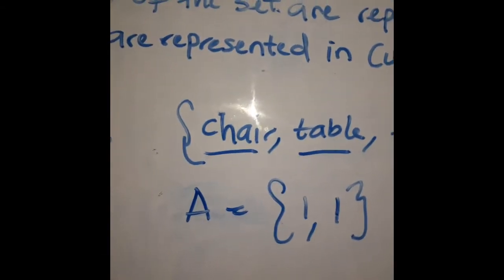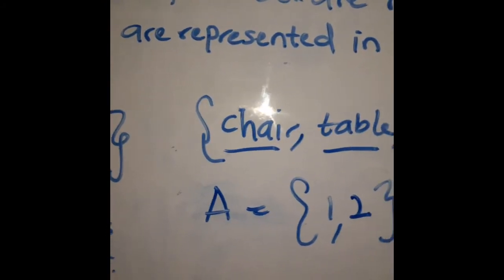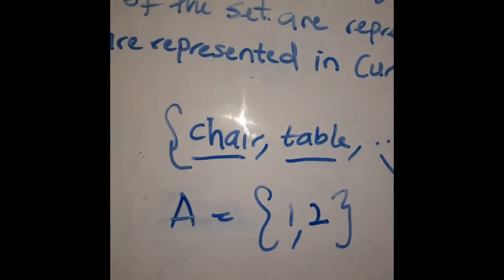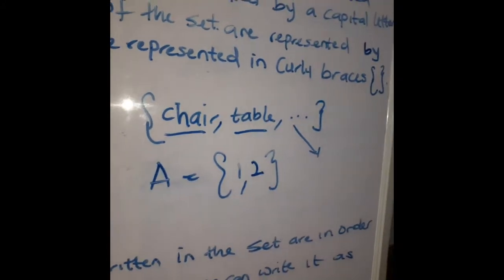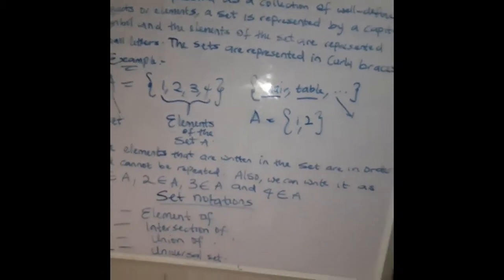We are going to write it only once. We can always say A equals 1, 2, or A equals 1, 3, A equals 1, 4, or 2, 3. There's no repetition when dealing with sets.